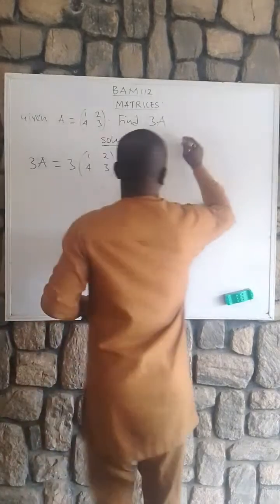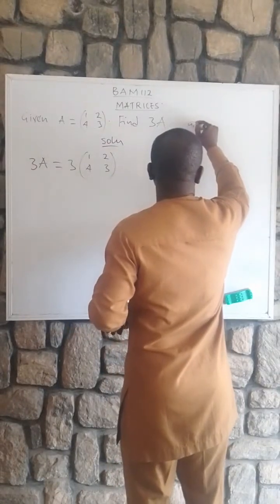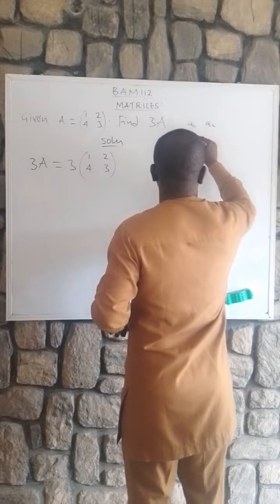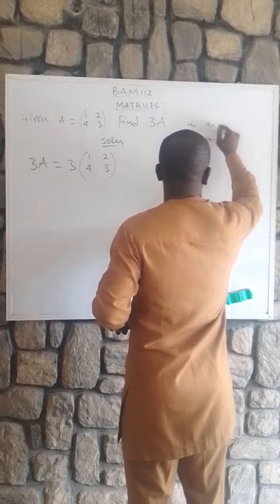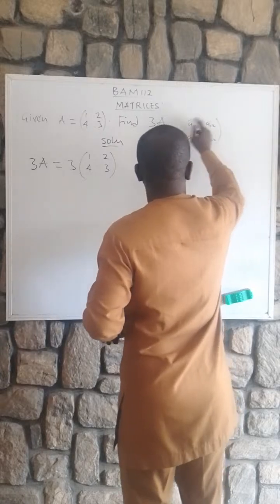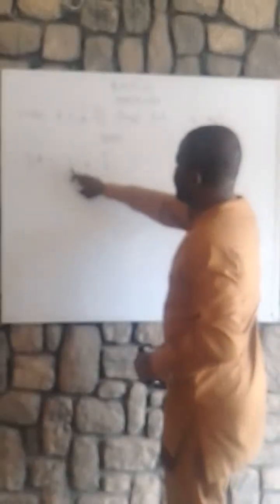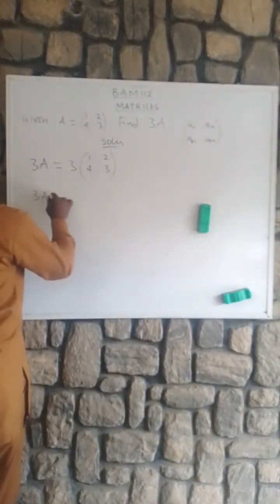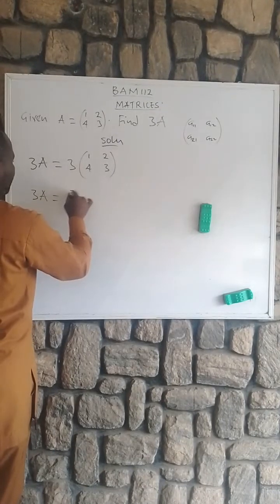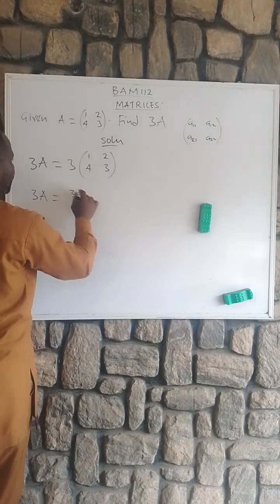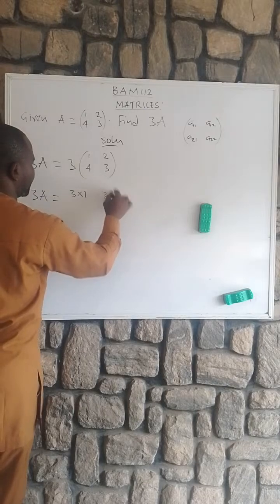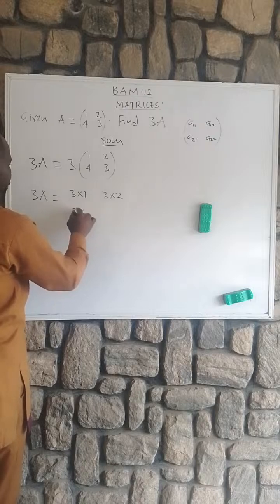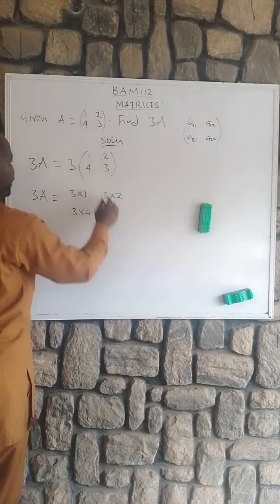That is to obtain A11, A12, A21, A22. If you want to obtain this, use this 3 to multiply this. So here we are going to have our 3A now be equals to 3 times what is here? 1. Then 3 times what is here? 2. Then 3 times what is here? 4. And 3 times what is here? 3.